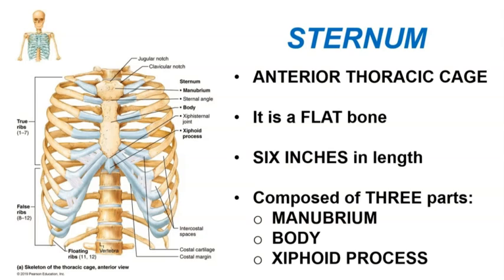Moving down to the most inferior aspect of the sternum, we have a small pointed structure that's called the xiphoid process. Its name means sword-like because its shape resembles the blade on a medieval sword.